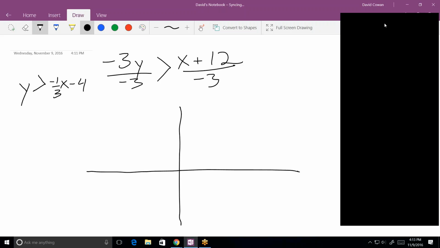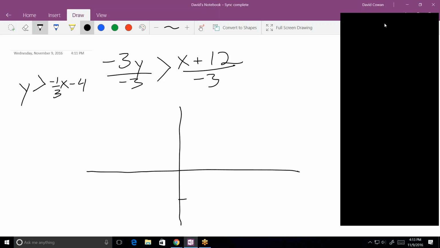Is it going to be a dotted line or a solid line? It's going to be a dotted line. Correct. If it's strictly greater than, it's dotted. If it's greater than or equal, it's solid. Where do I start? Negative 4.